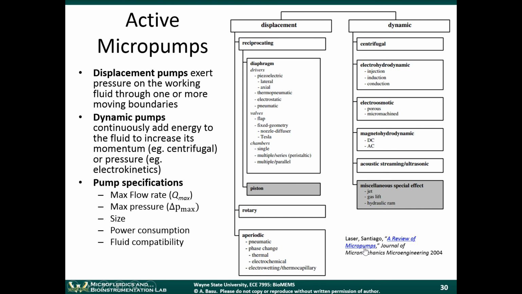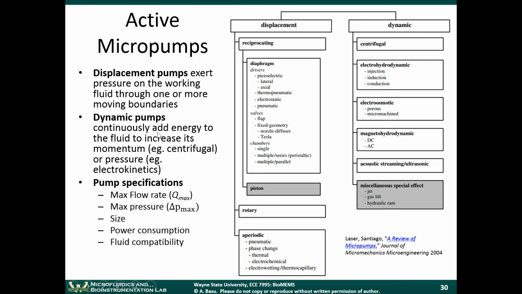And probably the most well-known example of this is the peristaltic pump, the ones that we saw an example of several slides earlier, where you have these membranes that are pushing down on the fluid, and as they push down on the fluid, they generate flow. Okay, that's called the displacement pump because the membrane is displacing, it's moving, and it's pushing fluid out. So the membrane is exerting pressure on the working fluid.